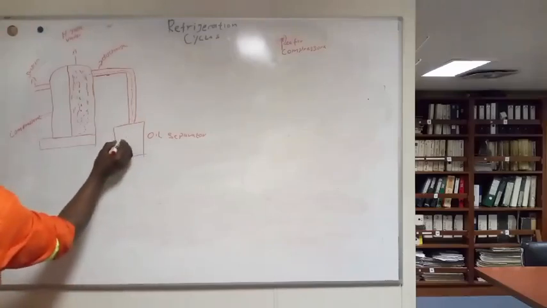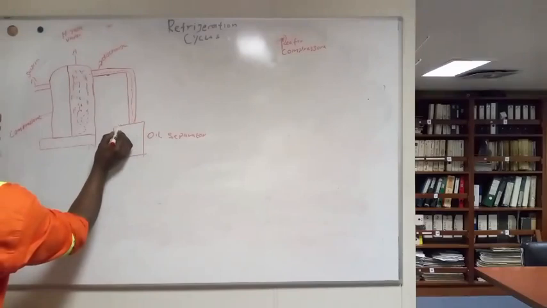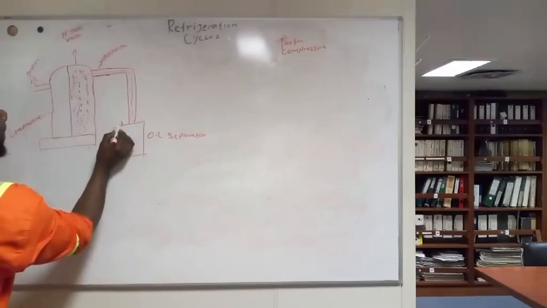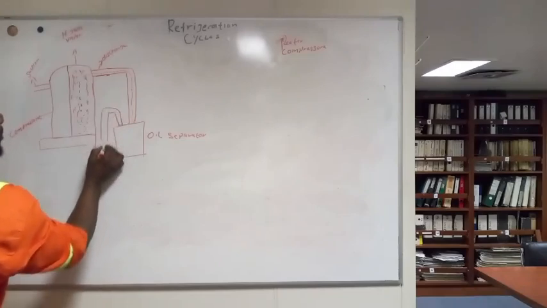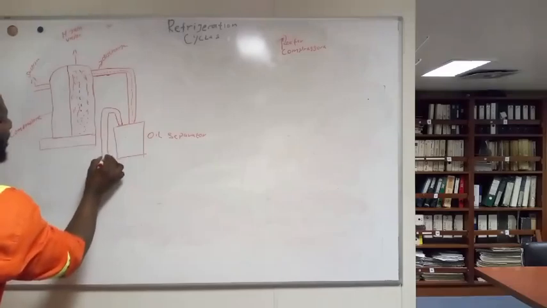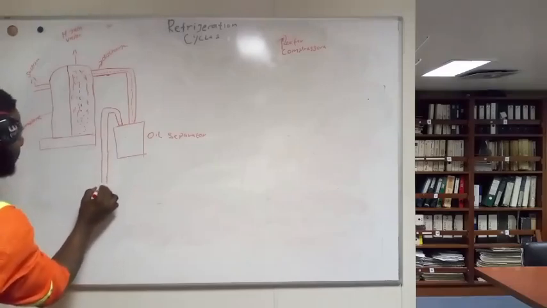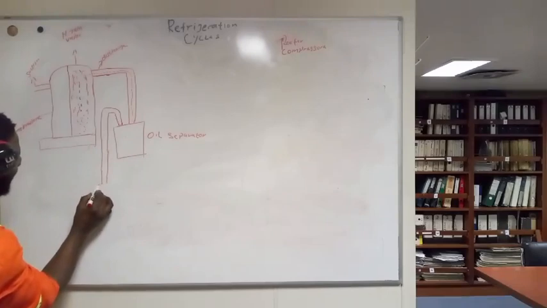The gas moves to the oil separator. After the separation of the oil, the gas moves out from the oil separator to the condenser.